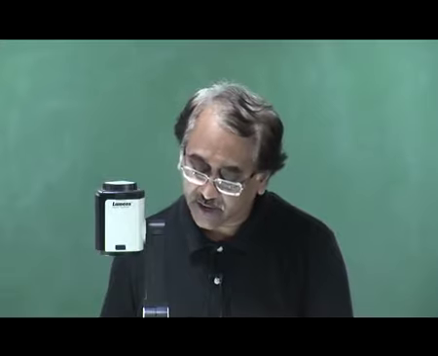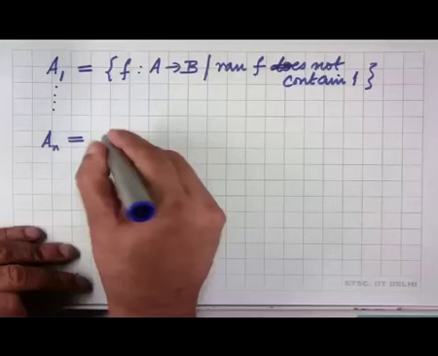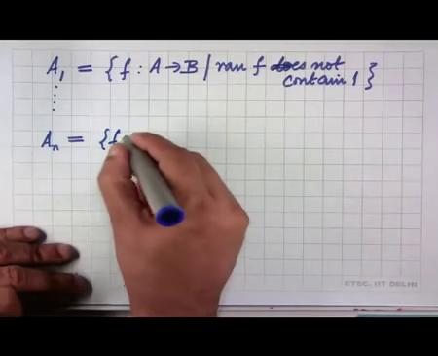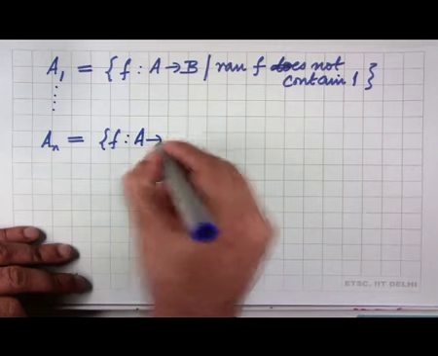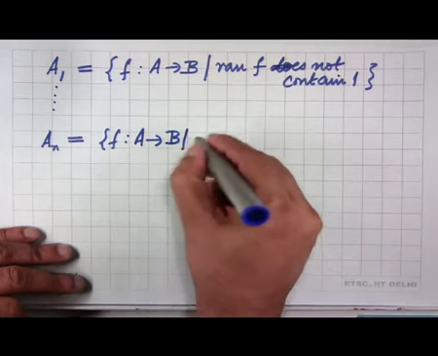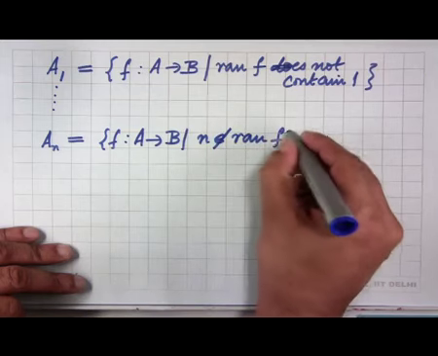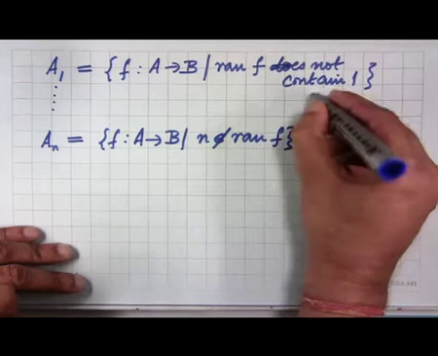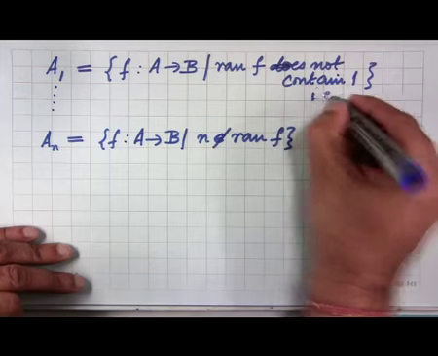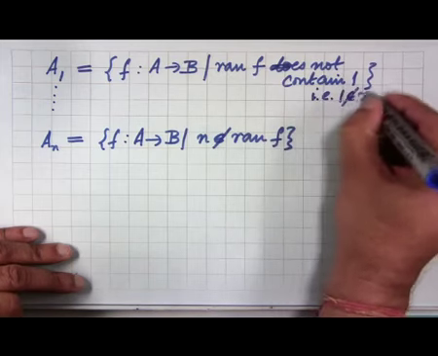Obviously, once I say that A1 is all those functions so that 1 doesn't belong to the range, I'm going to write at the end of it, for An, the last bit, all those functions so that n does not belong to the range of f. I could have written this a little more compactly as 1 does not belong to the range of f.